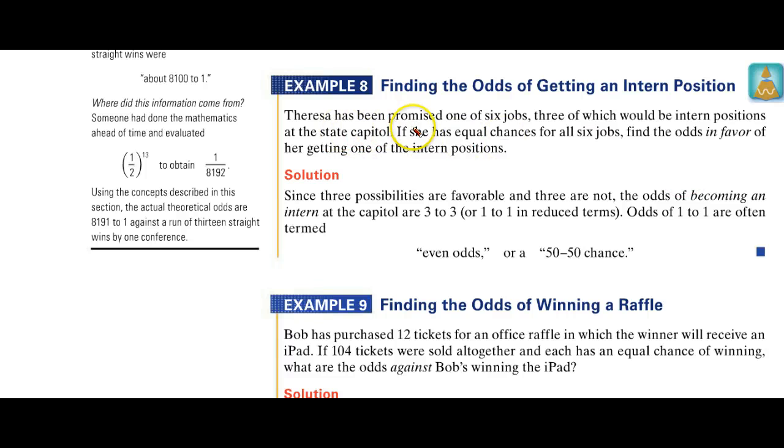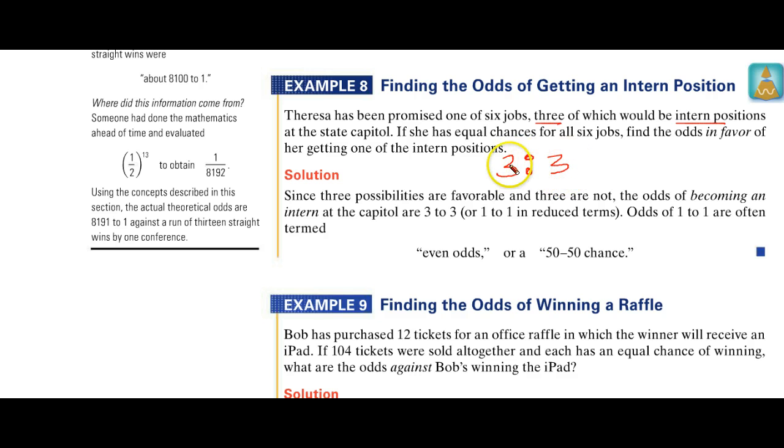So here Teresa has been promised 1 of 6 jobs, 3 of which would be an intern position. So what are her chances of getting an intern position? Well, since there are 3 intern positions, and there's a total of 6 possibilities, 3 would be intern, and 3 would not be intern.